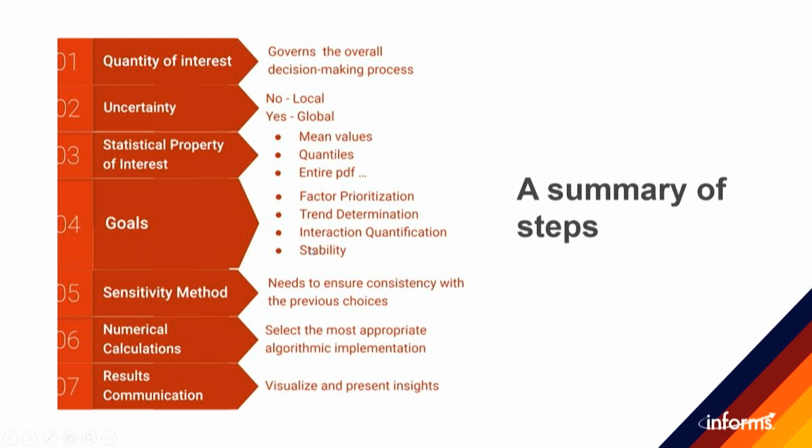What is my goal? Well, I want to understand the direction of impact. I want to understand importance. I want to understand the relevance of interactions. I want to understand stability. I need to use different methods, okay? And sometimes from a method I can get even 2-3 insights simultaneously. Then you need to ensure consistency between the first settings and the method that you are using.